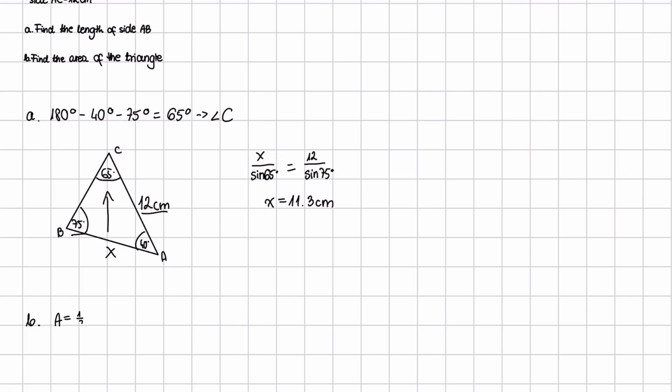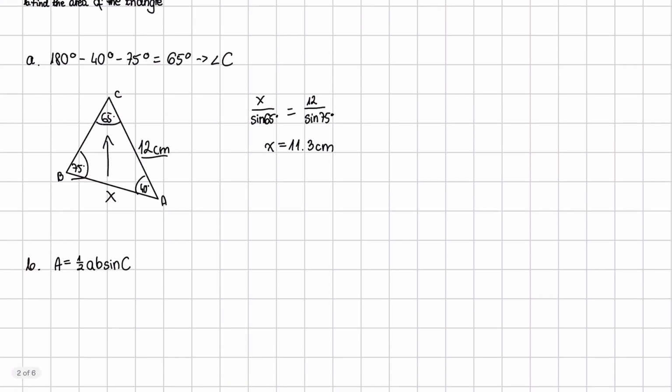Area equals 1 over 2 times a times b times sine C. So we can substitute our values, 1 over 2 times, and we have these sides, so 12 and 11.3, and C corresponds to the angle between them, so times sine 40 degrees, and this is equal to 43.6 centimeters squared.